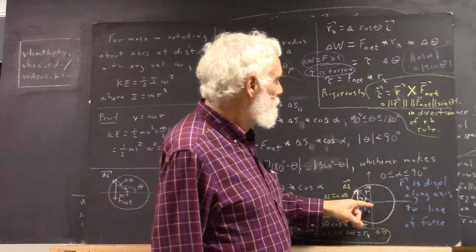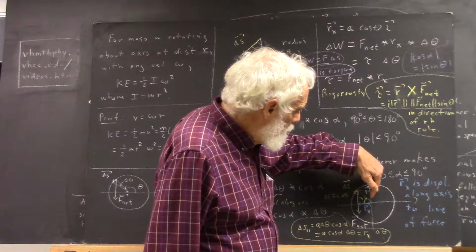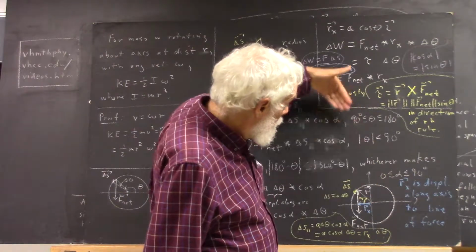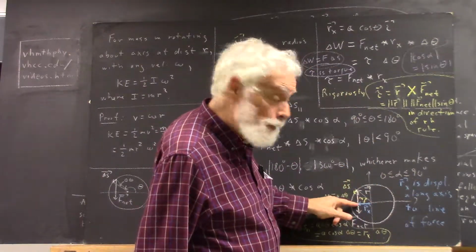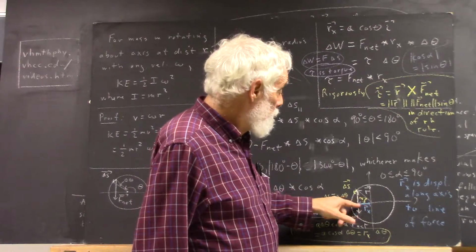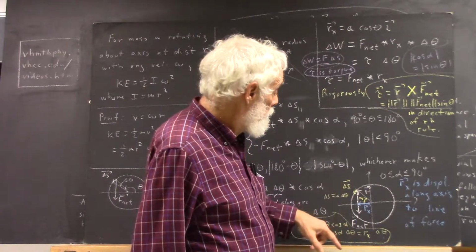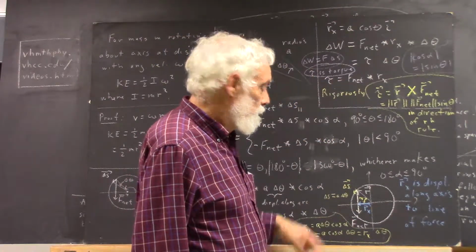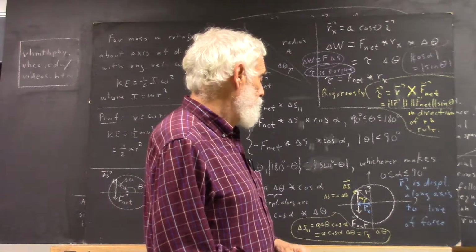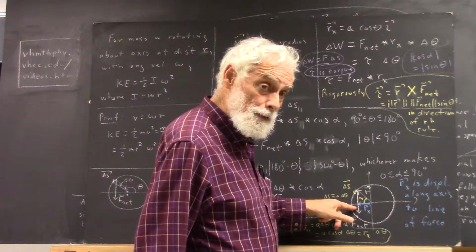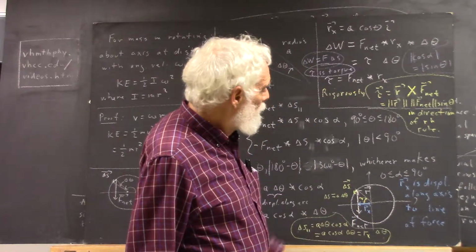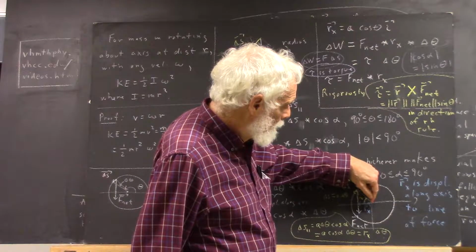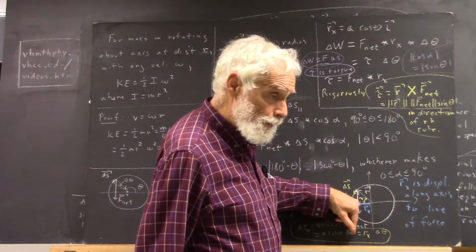Okay, if you take the vector from the axis of rotation to the closest point of the line of application of the force, which would be this point, that's going to be the component of this R vector that you use to calculate the torque, okay? So that your force times Rx just ultimately becomes the force multiplied by essentially the distance from the axis of rotation to the line of the force.